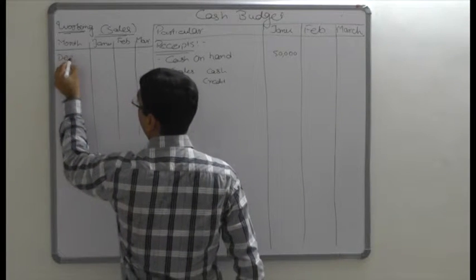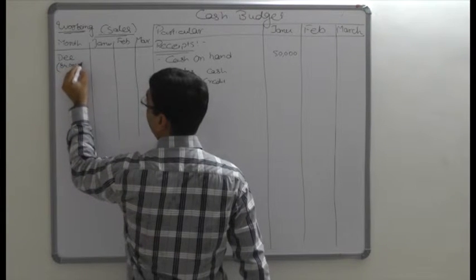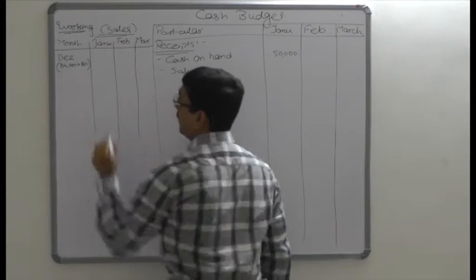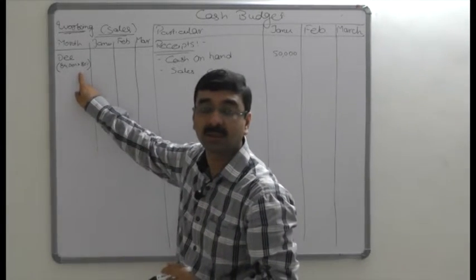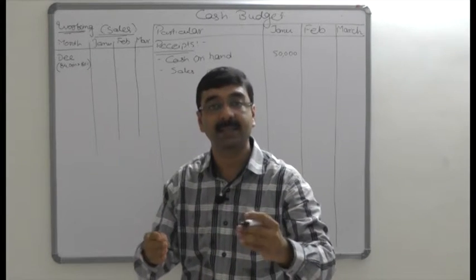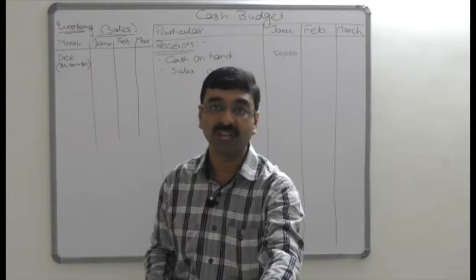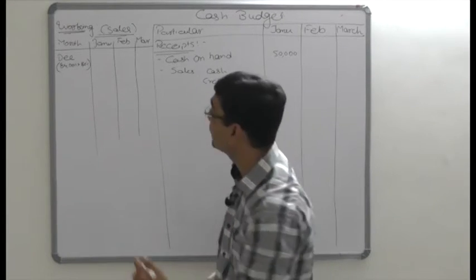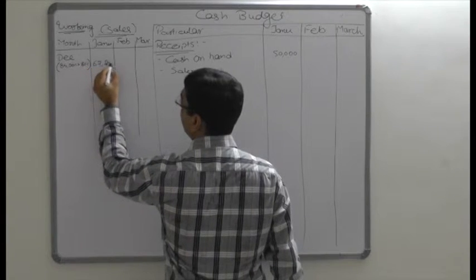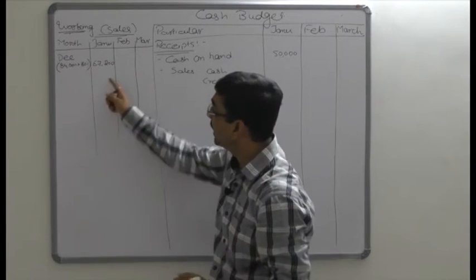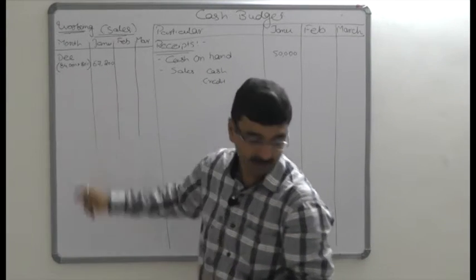So here we need to identify 80% of the December sales, because 80% of the December sales is considered credit sales, and that credit sales amount would be paid in the month of January. So the credit sales amount is 67,200 rupees, and this would be paid in the month of January.